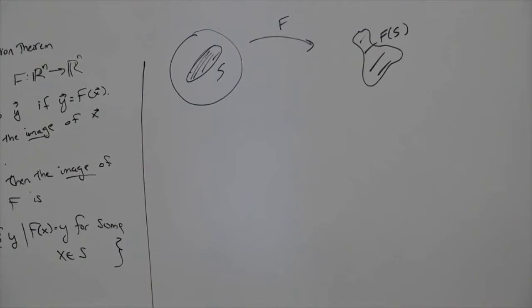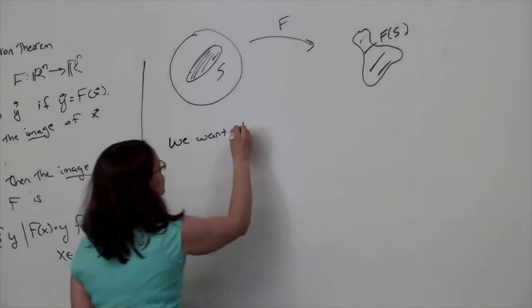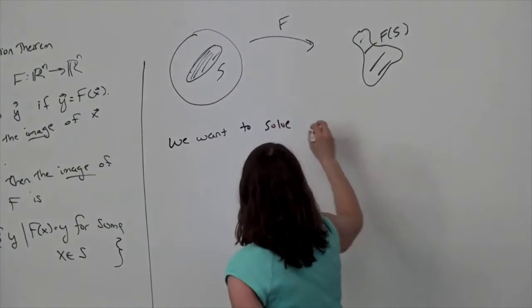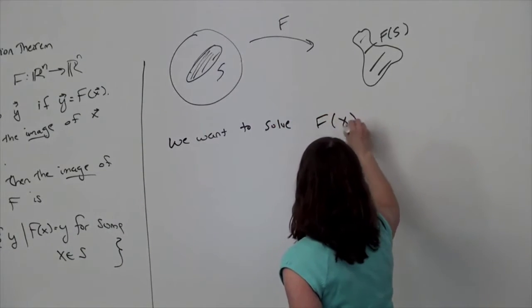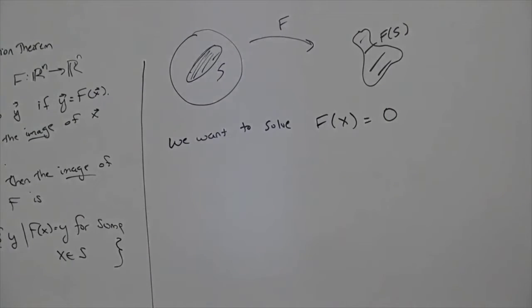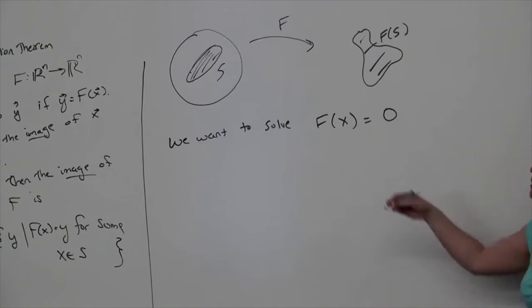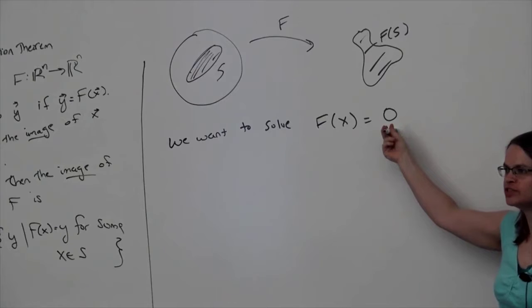Okay, why is this important? Well, again, let's say our goal, we want to solve something like this. This is all we do in applied math, is solve f of x equals 0, where f is something. So one question that we should care about is, is 0 in the image of f?